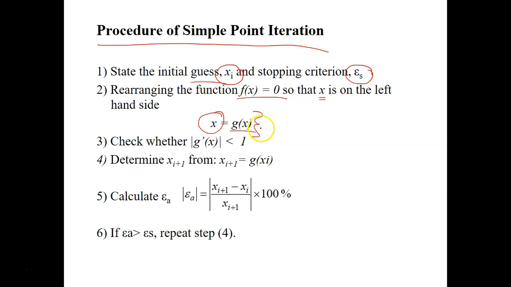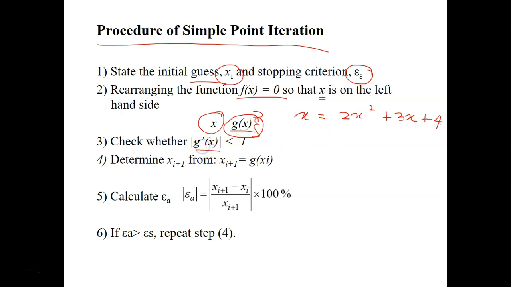How do you know, especially when your f(x) has a lot of x terms, like 2x and x squared, and you need to select which one to use? That's why this is important. You need to check whether your g prime x, the derivative, is less than 1. Let's say your g(x) equals 2x squared plus 3x plus 4.